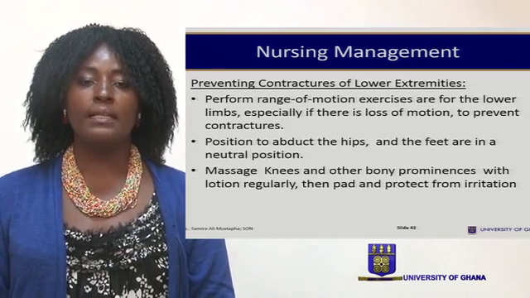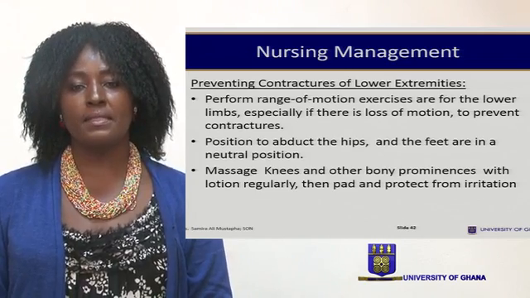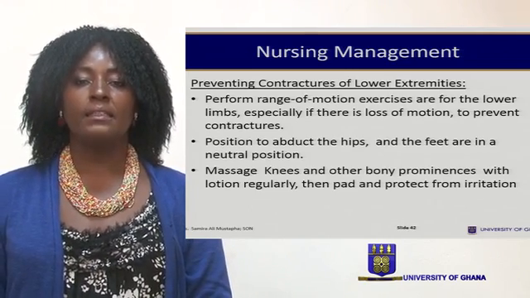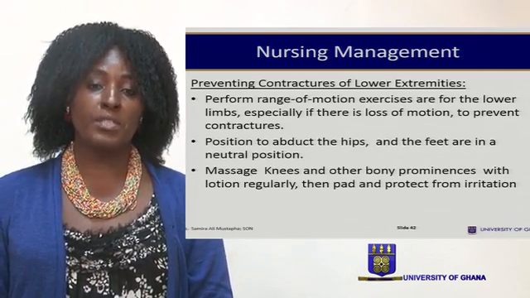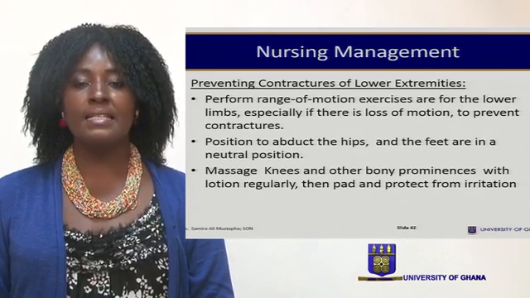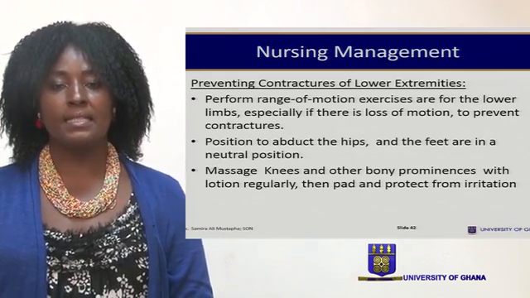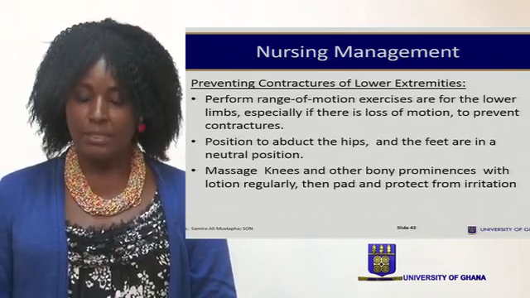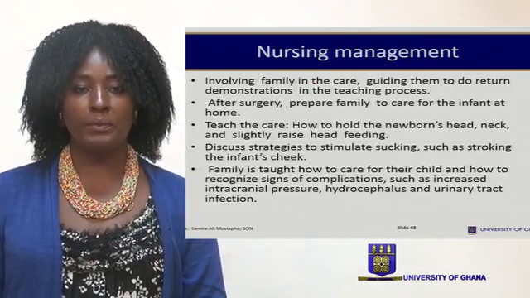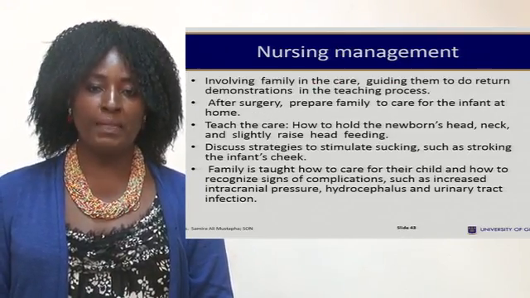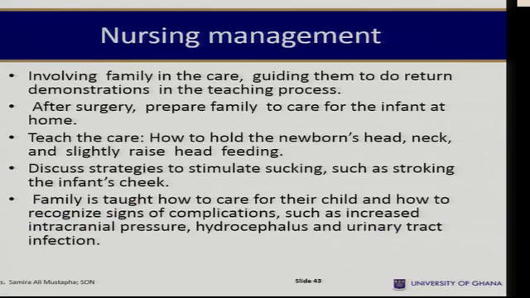And also there is a need to abduct the hips and keep the feet in the neutral position, and massage the knees and other bony prominences. Once again, we need to bring the physiotherapists on board, and also involve the family, because such a child will go back home, and there is a need to give them the necessary knowledge and skill to be able to manage at home.